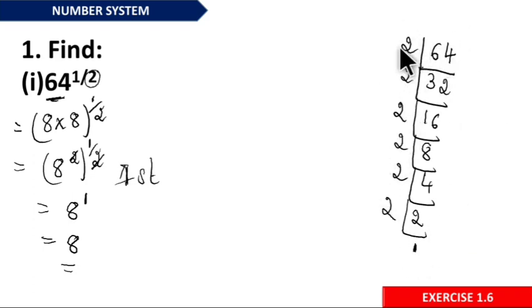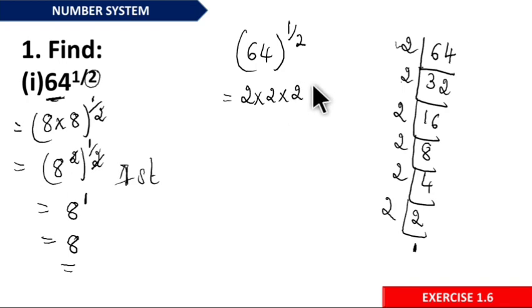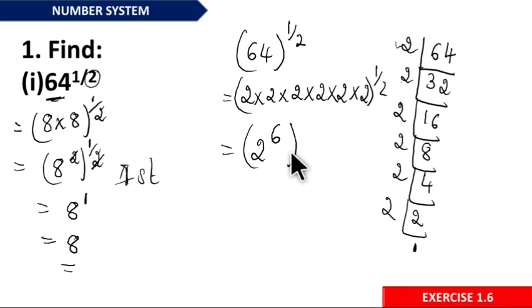How many numbers are there? 1, 2, 3, 4, 5, 6. So we are having 2 six times. If you multiply 2 six times, you are getting 64. So 64 to the power half can be written as 2 six times, or directly 2 to the power 6, to the power half.